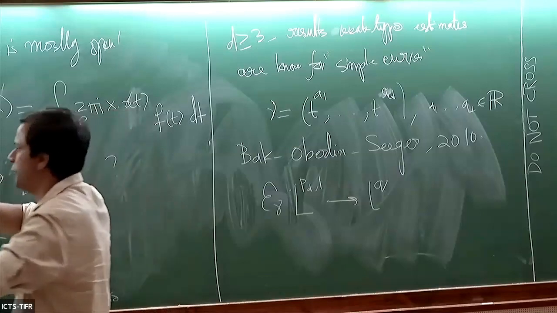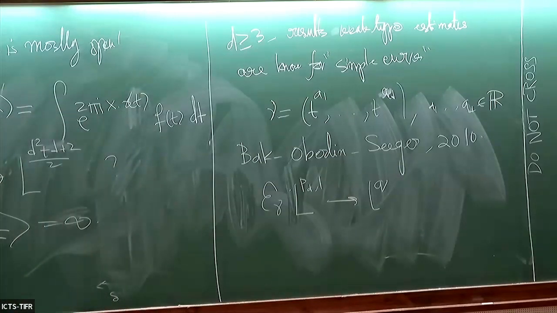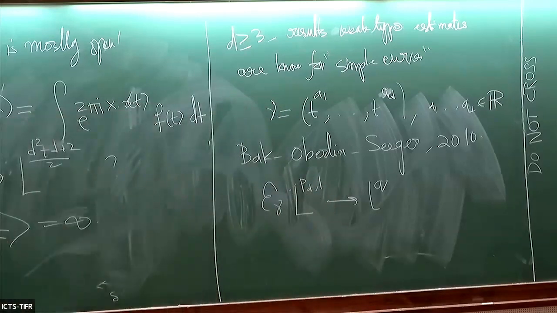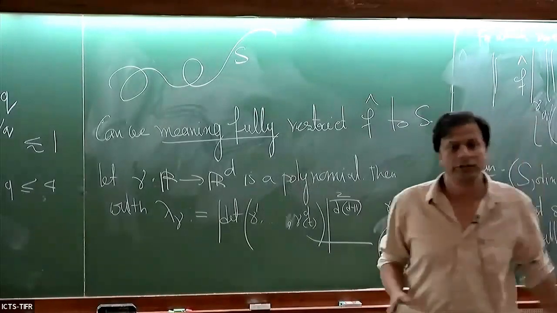If you take a finite arc of the parabola and take a tubular neighborhood, that sort of function would be the test function. Okay, so that was proved by Bak, Oberlin and Seeger too, in the same paper. In dimension 2, we have no hope, but in dimension 3 and higher there are endpoint estimates, and the conjecture is that this should hold not just for simple curves but for all polynomial curves.